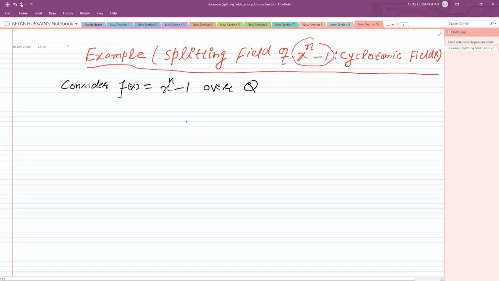Now what are the roots of this polynomial? Obviously they are the members which satisfy this polynomial. Suppose I take alpha. Alpha is a root of this polynomial if alpha raised to power n minus 1 is 0, which implies alpha raised to power n is 1.